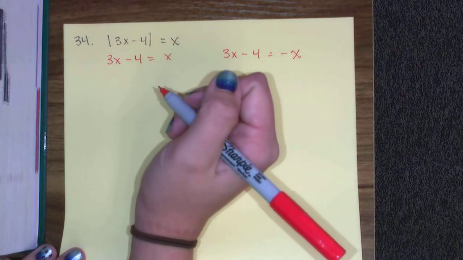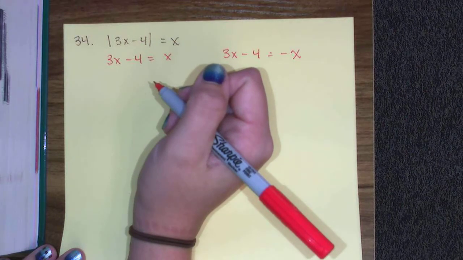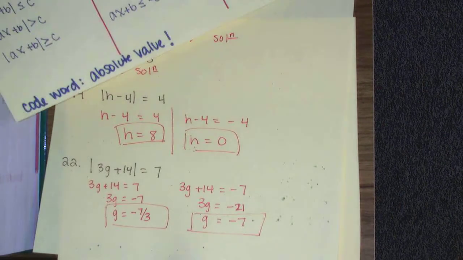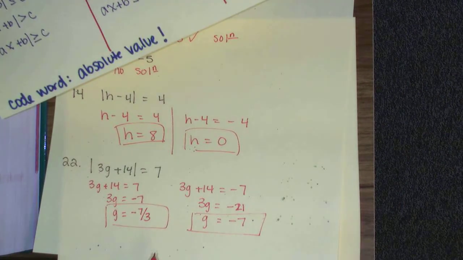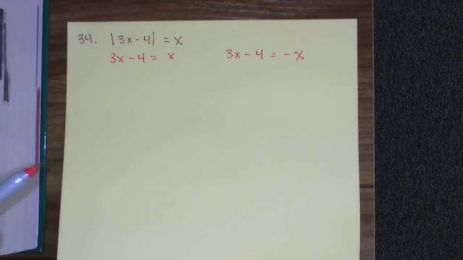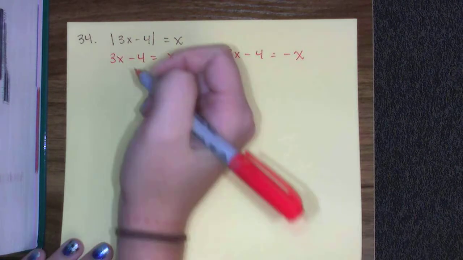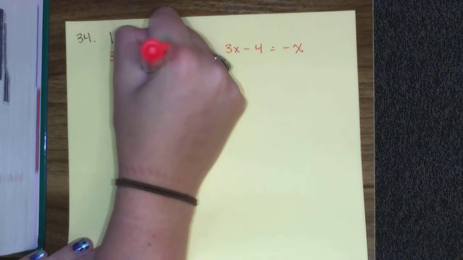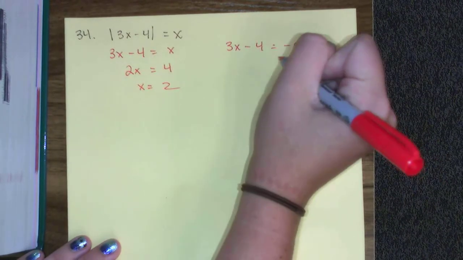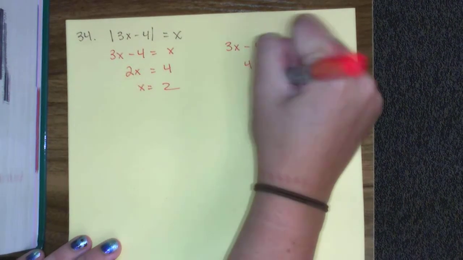You should have two answers. Were those the same answer? So does that mean they're extraneous? No. Okay. So we have 2x is equal to 4, so we have x is equal to 2. And then we have 4x is equal to 4, so x is equal to 1.